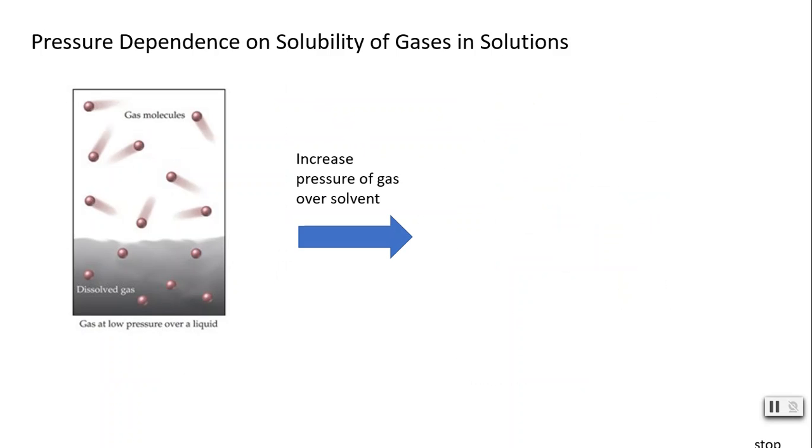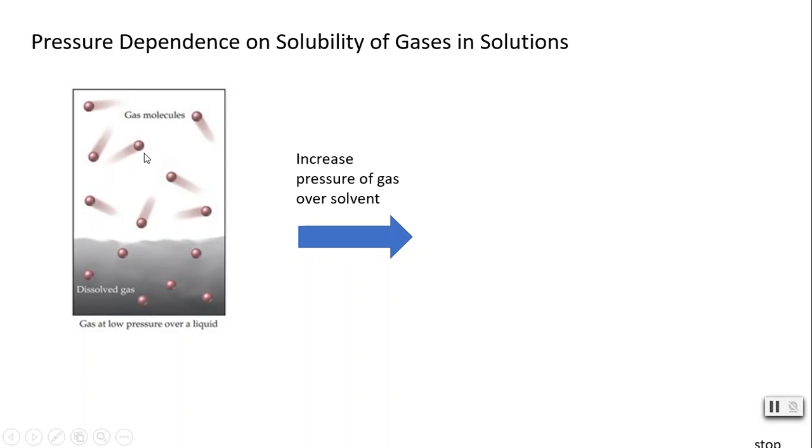When talking about solubility of a gas in a solvent, as we just said, it's temperature dependent. It's also pressure dependent. The solubility of a gas in a liquid depends upon the pressure of that gas. You can envision that if I have some liquid down here, my solvent, and some gas molecules above the liquid, some of the gas is dissolved in the liquid and some of it's above the liquid, not dissolved.